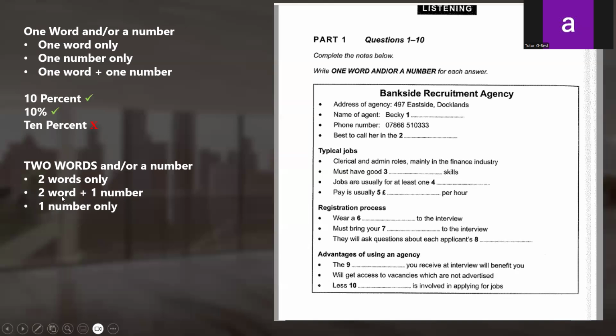You can write two words plus one number. You can write one number only. And you can also write one word only, please. Take note. You should add it there, please. One word only. It's acceptable.